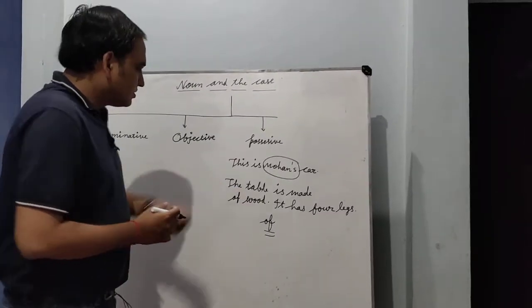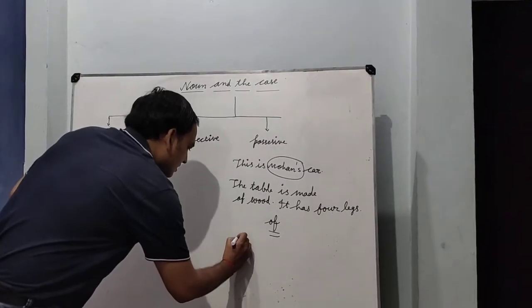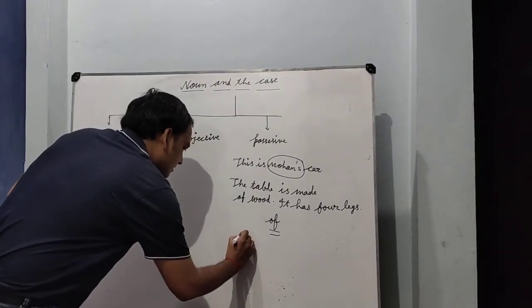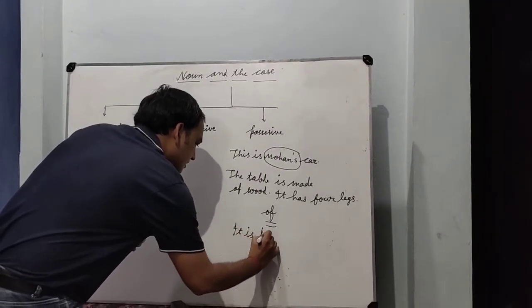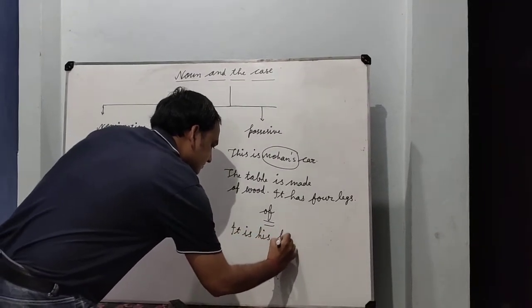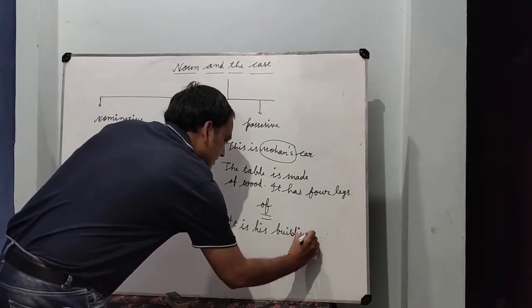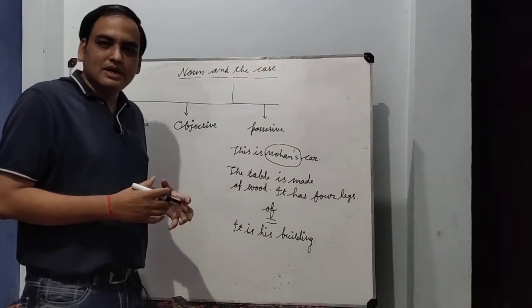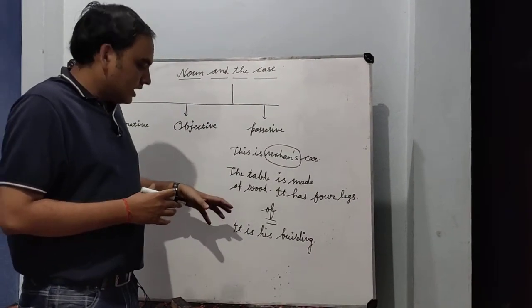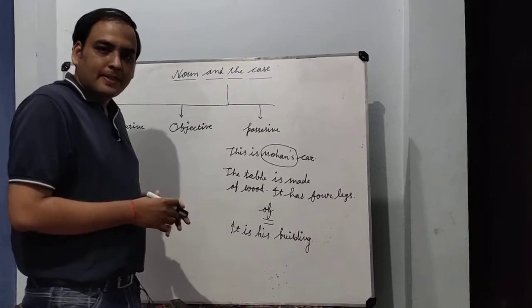So here, the third case: it is his building. In this statement we are talking about a building, and this building belongs to someone.